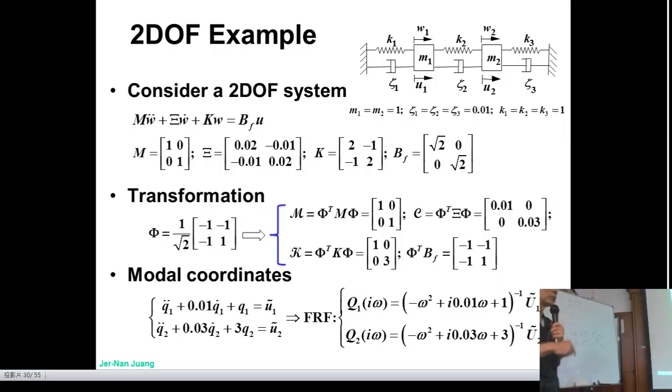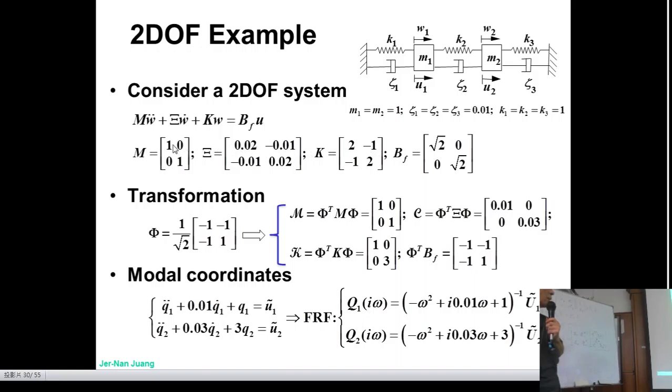Now, from these two decoupled second order equations, it's clear that my natural frequency for the first one is 1. My natural frequency for the second equation is the square root of 3, right? Agree? So if you look at this system without coupling, what are the natural frequencies?